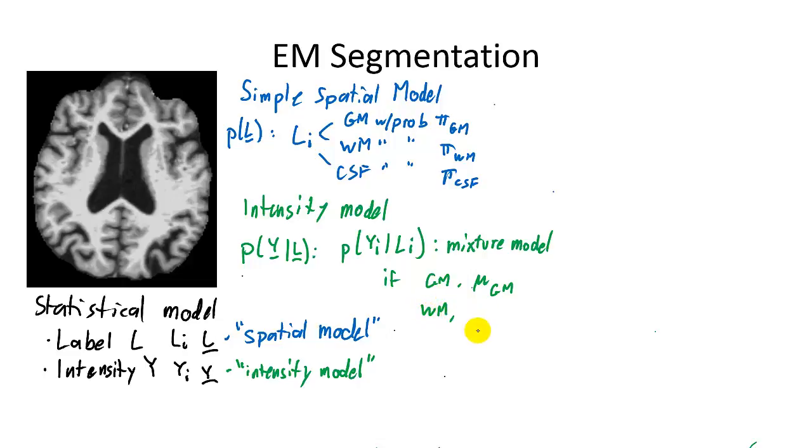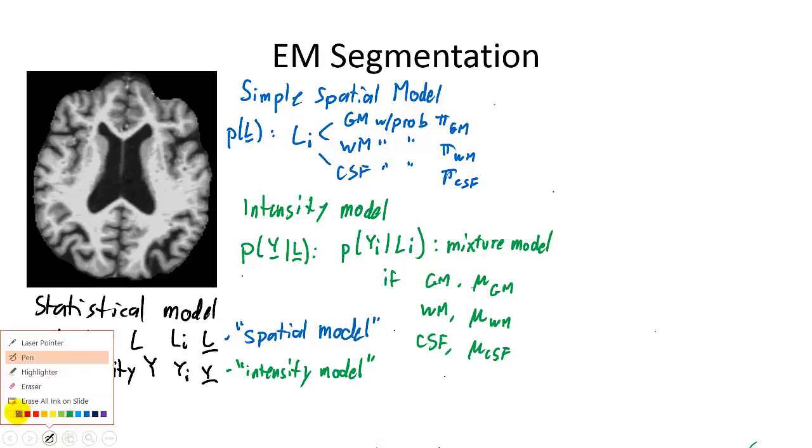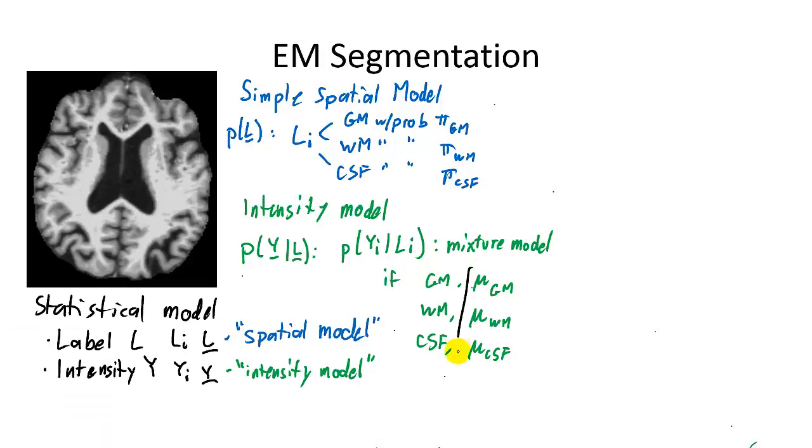If it's white matter, it's going to have mean mu wm, and if it's CSF, it's going to have mean mu CSF. So this is our very simple intensity model and our simple spatial model. Notice that the parameters here are these mu's and these pi's, which we don't necessarily know a priori.